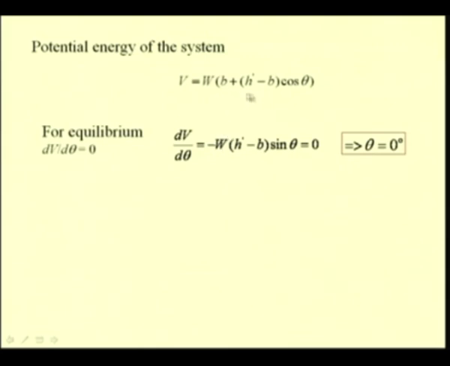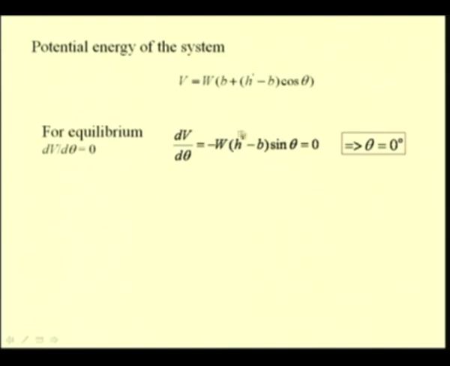The differentiation of this is minus W times H prime minus B times sin theta, because this term is a constant term, and what we have is the differentiation of the term W times H prime minus B cos theta.